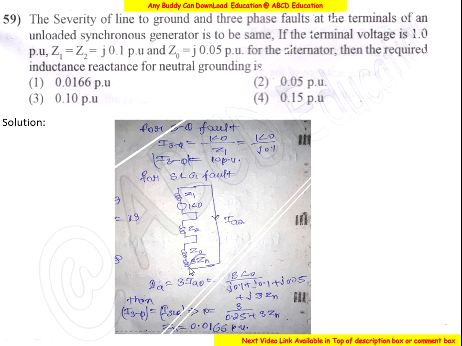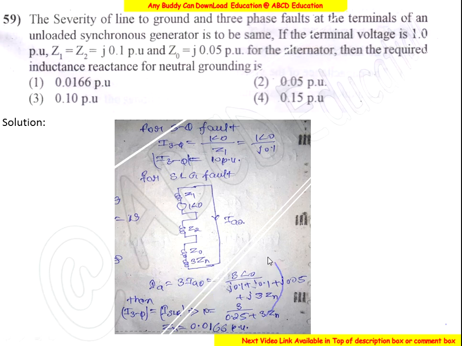In the zero sequence component, the grounding reactance is 3 times Zn. Now we find the Ia0, that is the zero sequence current. The fault current Ia equals 3 times the zero sequence current.